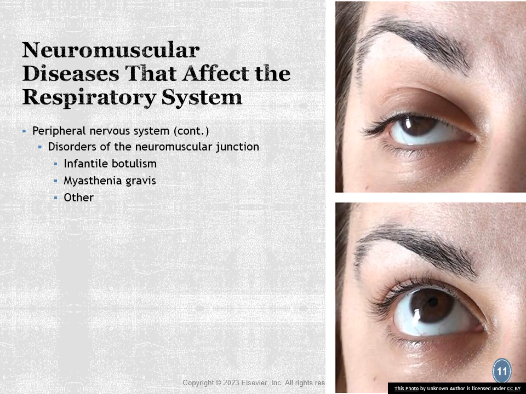Prepubescent onset is associated with a slight male bias and ocular symptoms only, whereas post-puberty onset is associated with a strong female bias and generalized myasthenia gravis.